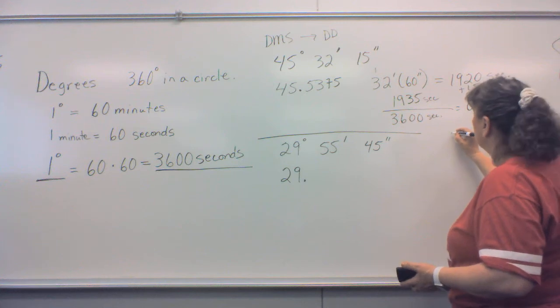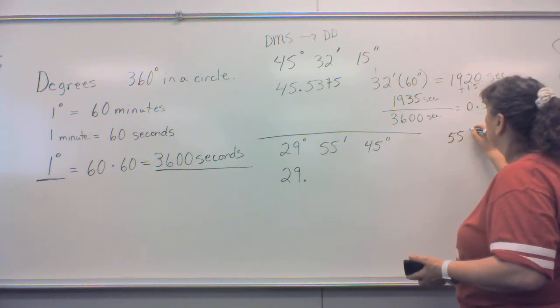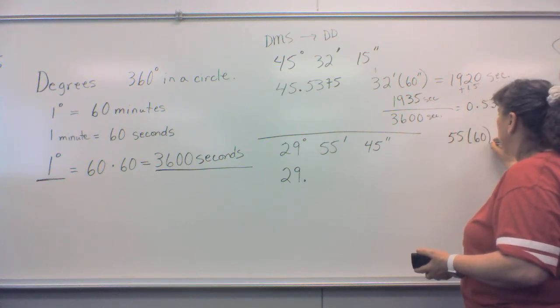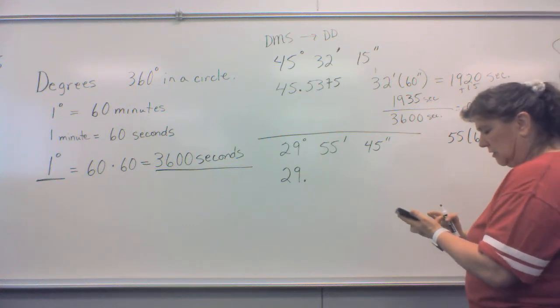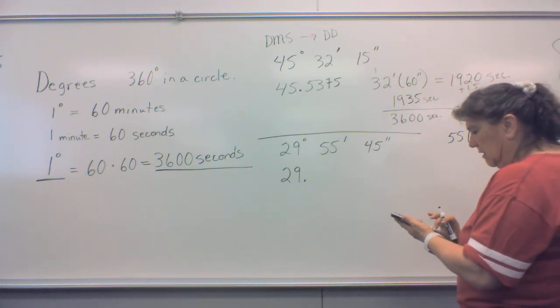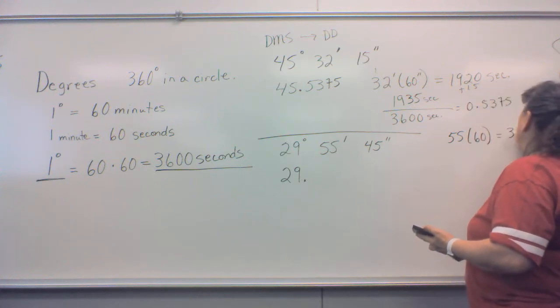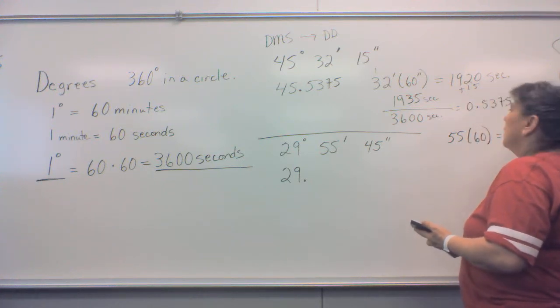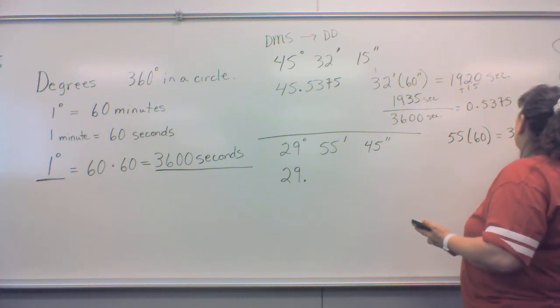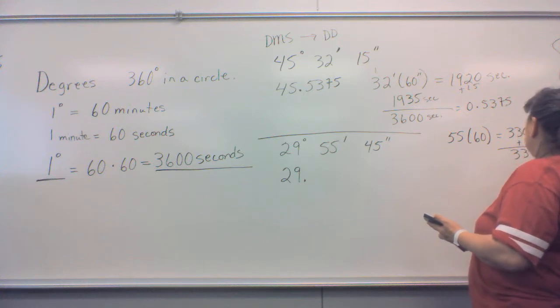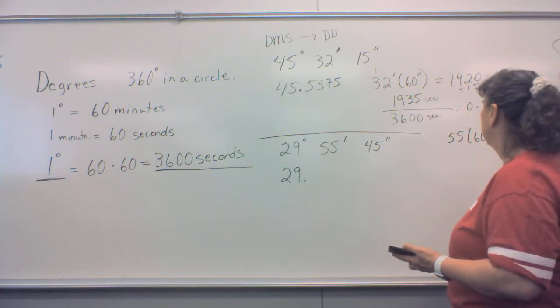Okay, let's do the same thing on this one. You're going to have 55 times 60 to find out how many seconds are in 55 minutes, which is 3,300, plus 45 more seconds. So this will be 3,345.